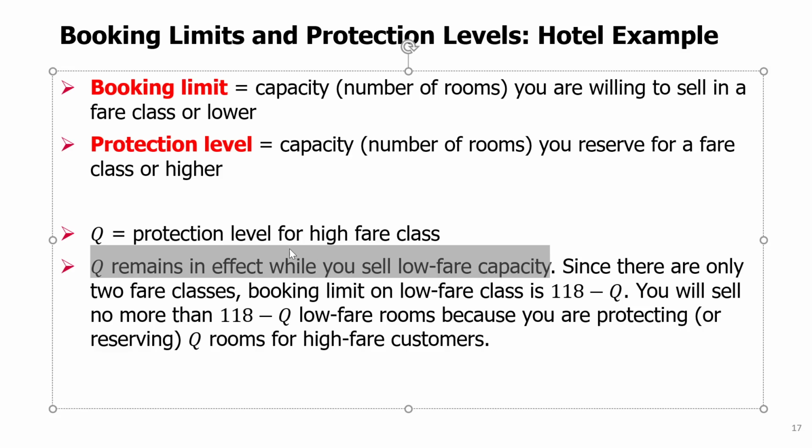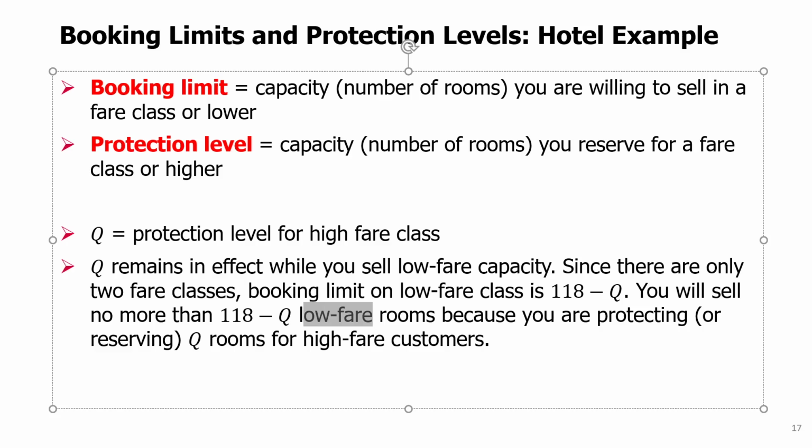So basically, if we decide to protect a number of rooms for high price, then 118 minus Q is what we sell for the low price. So the booking limit for the low fare will be 118 minus Q, right? So we will sell no more than 118 minus Q low fare rooms because we are protecting Q rooms for high fare.